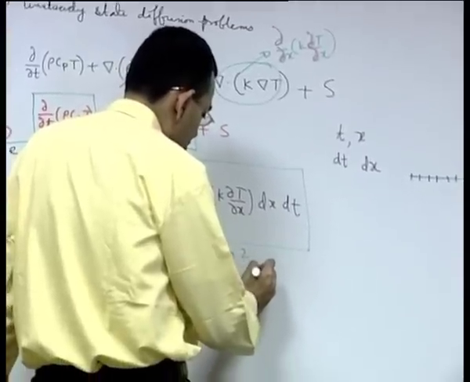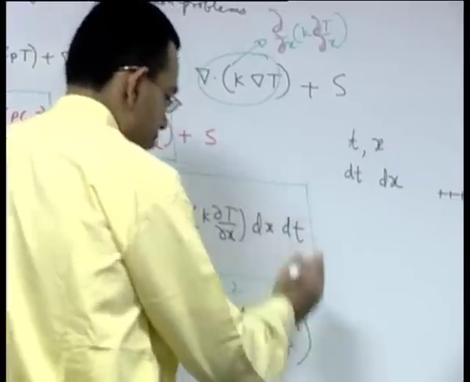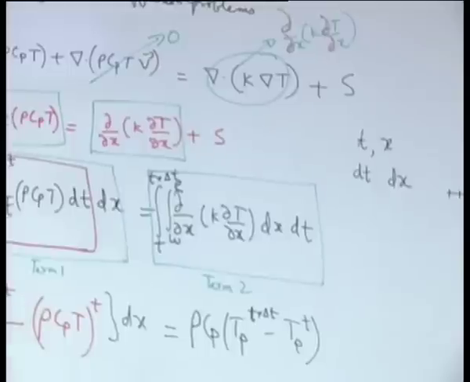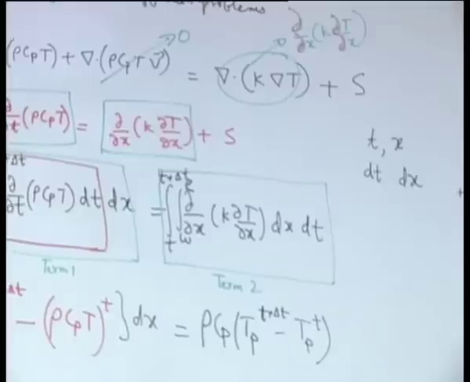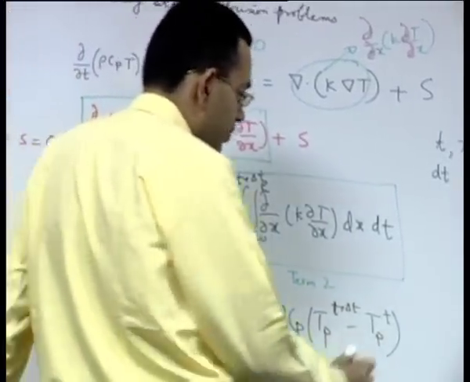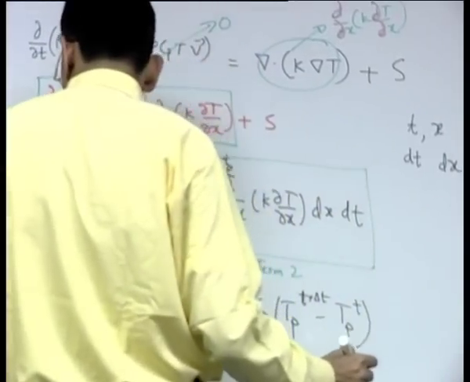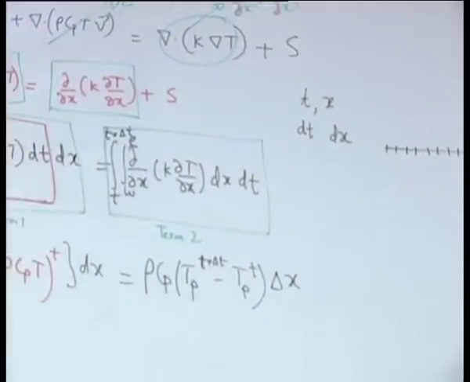If that is so, that times, so this entire thing becomes a constant not a function of x, times integral of dx from small w to small e. So that times delta x.